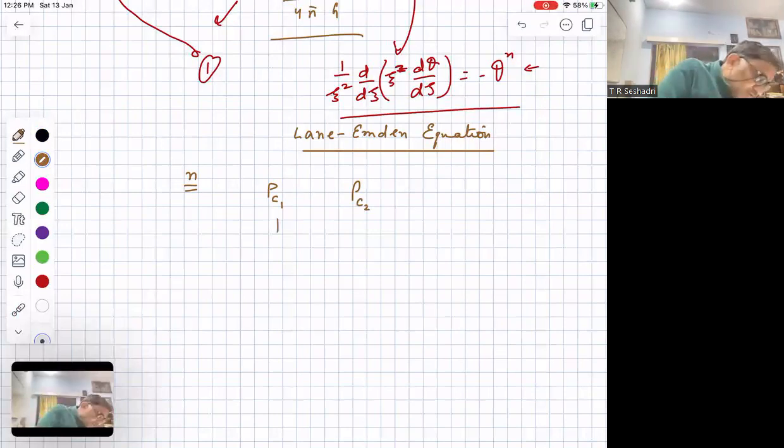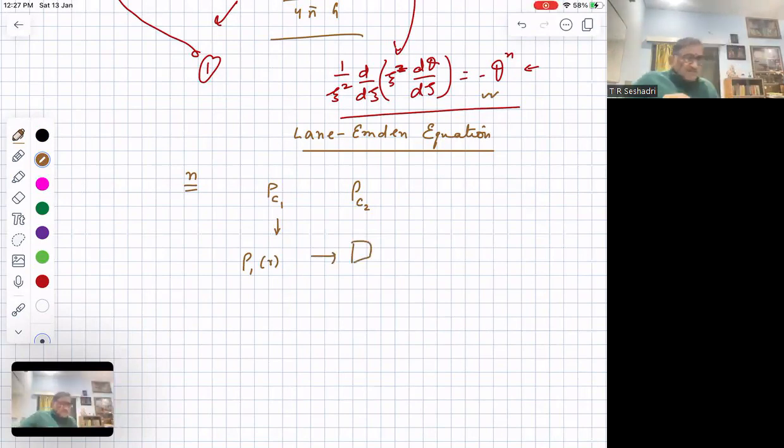If I know the solution of this, rho 1 as a function of r, since this equation is the same for both, by appropriately multiplying by some factors I will get this equation also.